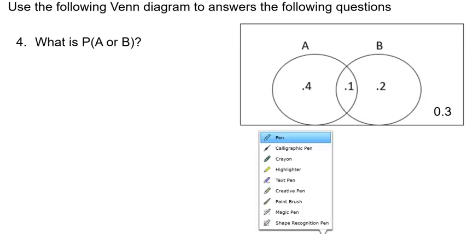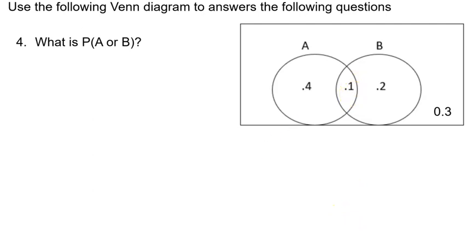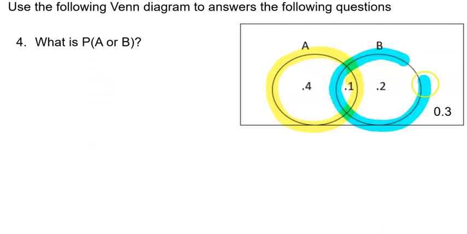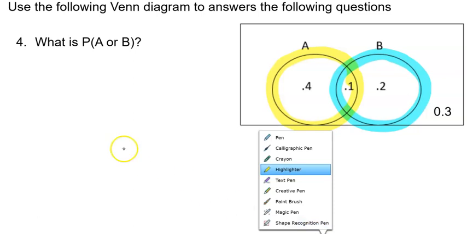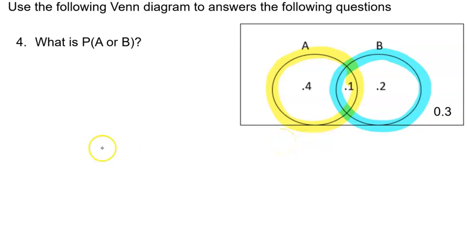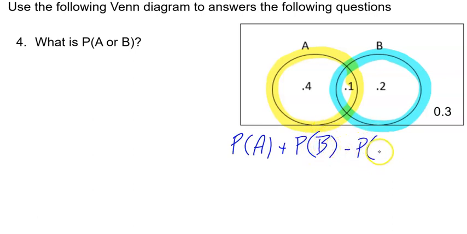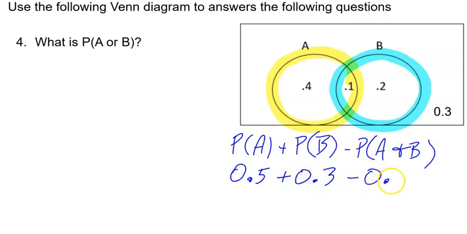A or B. Now this one is I want A or B. So if you remember our rules for events that are not mutually exclusive, that's going to be the probability of A plus the probability of B minus the probability of the overlap A and B. So if we were to do it completely, we would have A is 0.5 plus B is 0.3 minus the overlap is 0.1, which would be 0.7.